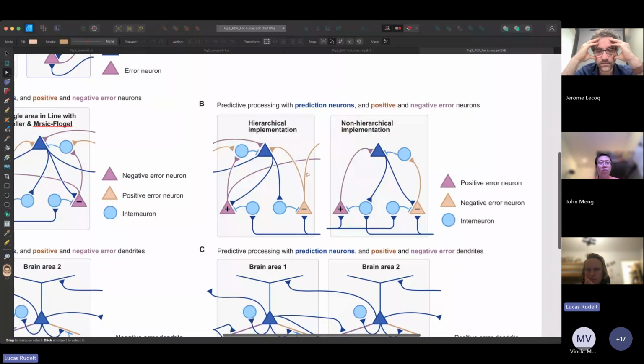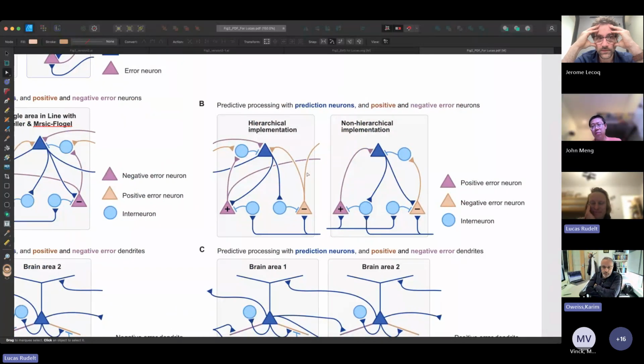Hi, Lucas. So in this panel B non-hierarchical implementation, I understand that the bottom-up sensory input is coming through these blue axons. Right. So what is the output of that module? Yeah, the non-hierarchical module.